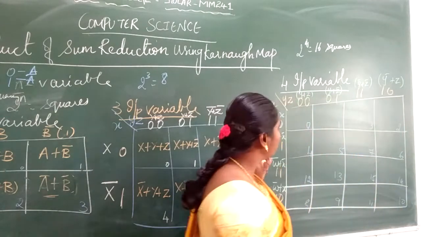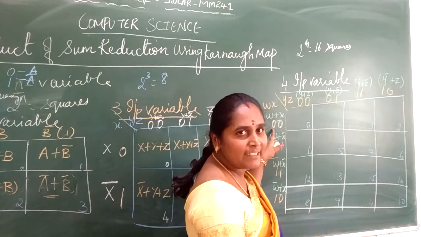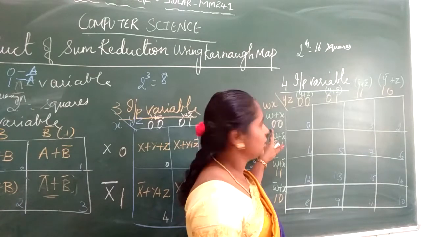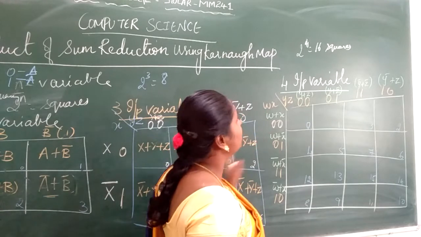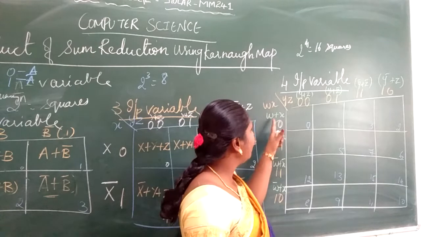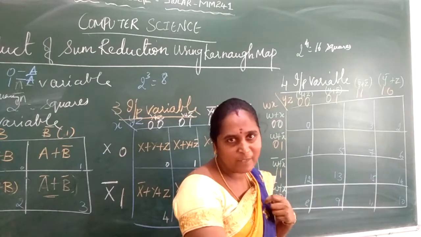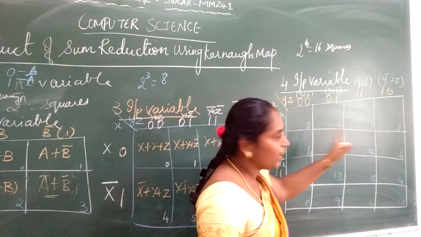I have already told you that 0 means uncomplemented and 1 means complemented. So the K-map representation for 2 input, 3 input and 4 input follows the same as your SOP. Only the complemented and uncomplemented changes here. The subscripted value for each square is the same.